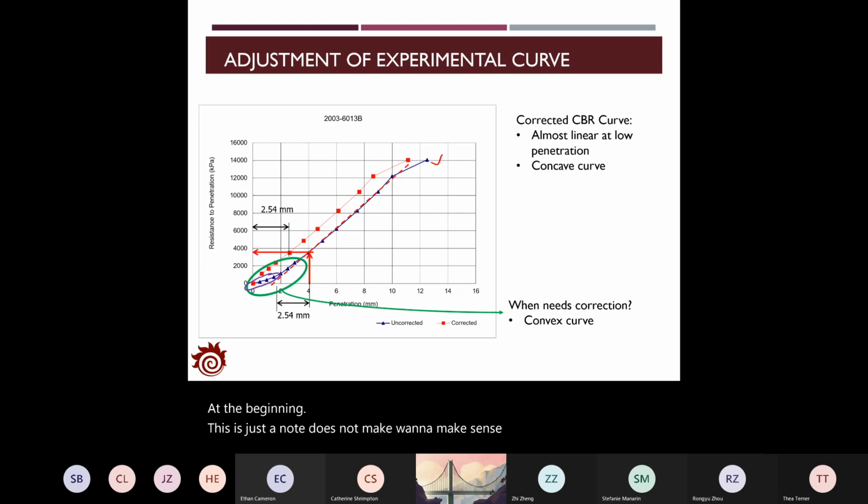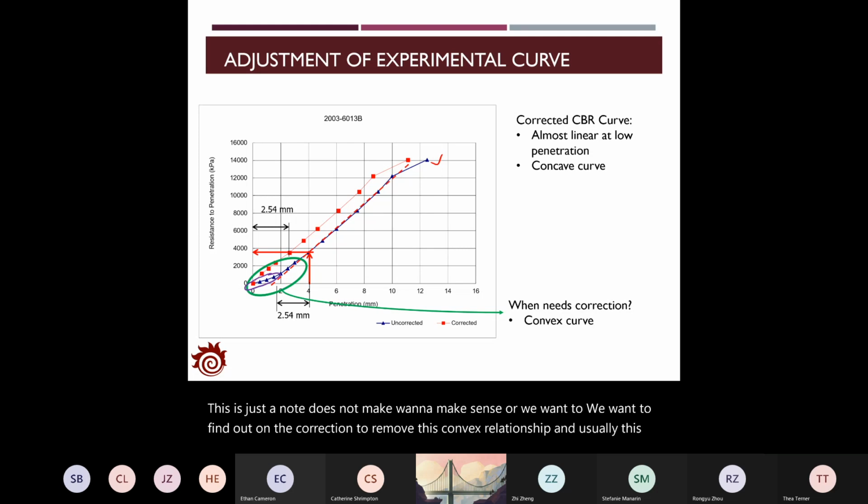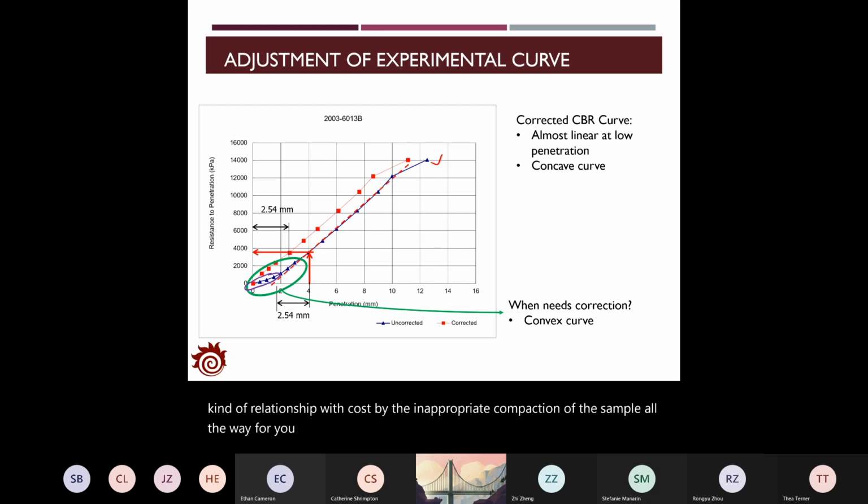We want to find a correction to remove this convex relationship, and usually this kind of relationship is caused by inappropriate compaction of the sample, the way you level the sample surface, or the actual weight you apply to the surface of the sample.